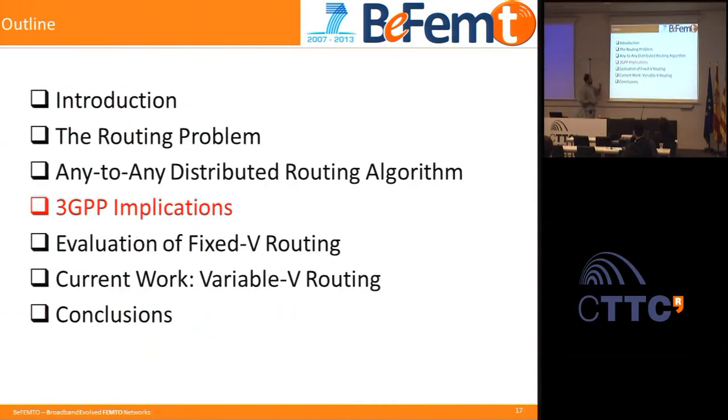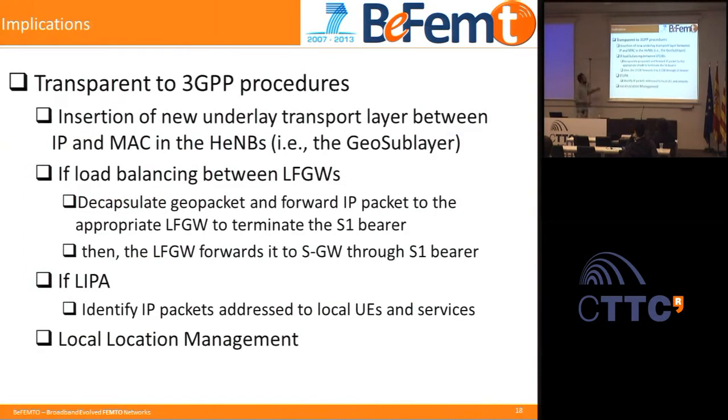So this is about the general overview of the protocol and how it works, and just quick hints that we already discussed. Let's say that we are working at the transport network layer, no implications, but we add this geo sublayer.